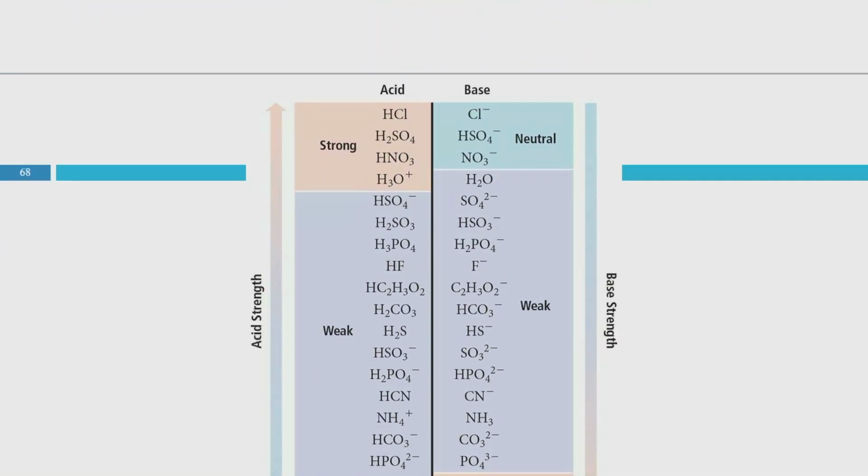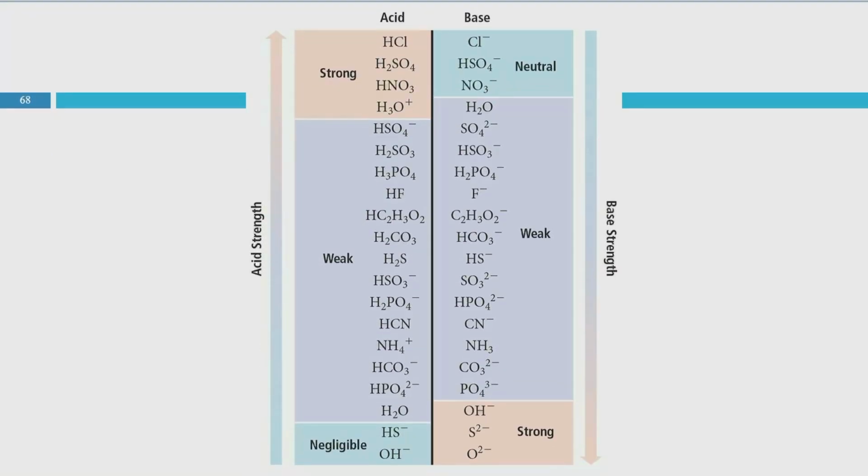And here's a table of a bunch of acids and their conjugate bases. So on the left side, we've got a bunch of acids. We've got some strong acids like HCl, HBr, and HI would also be in there.